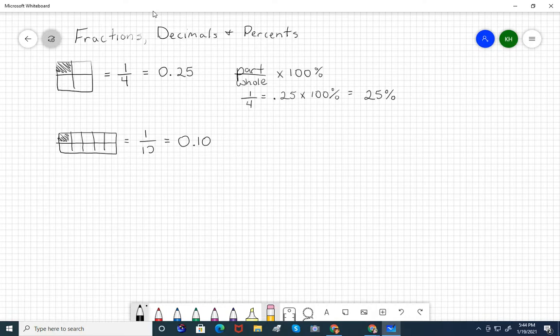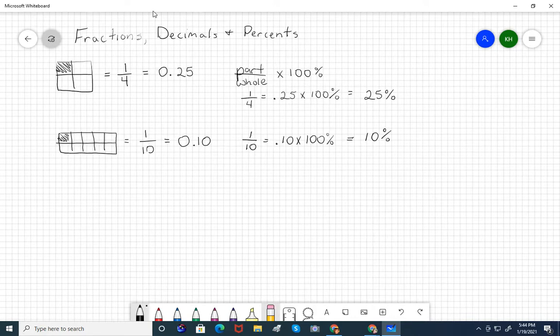So we have a fraction, 1/10, or a decimal, 0.10. To make that a percentage, we need to multiply that fraction or that decimal times 100. So if we do 1/10, we know that's 0.10 times 100. We find out that that's 10%. 1/10 is the same as 10%. That's another one that's really worth memorizing.